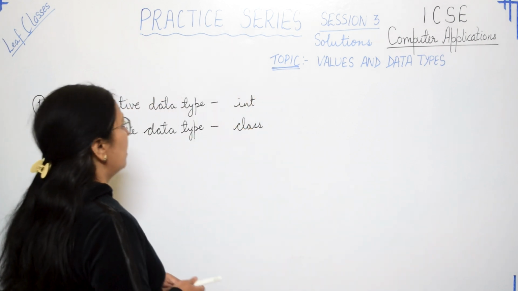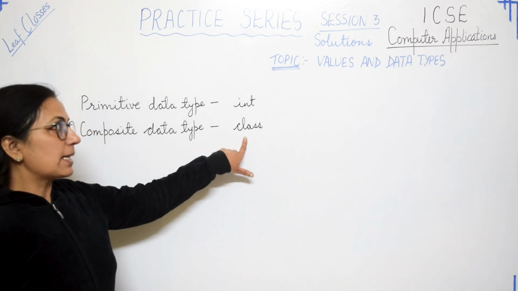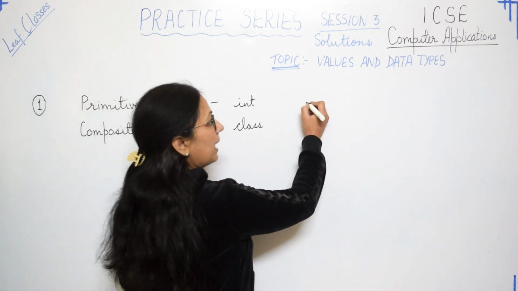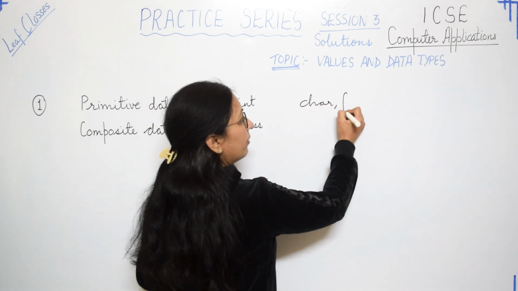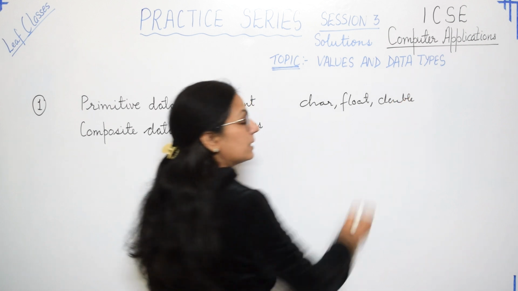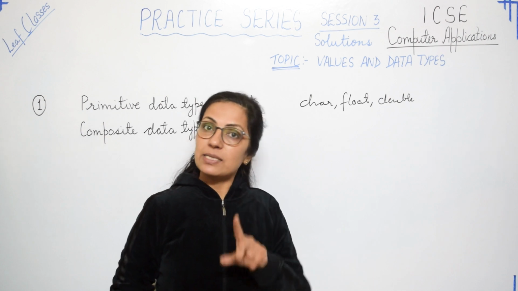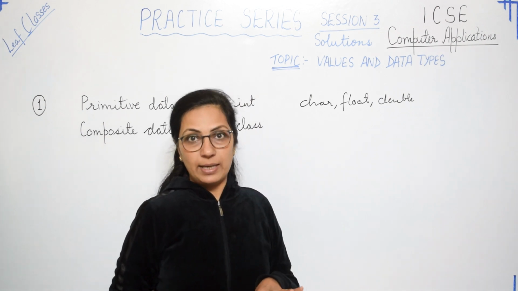So we have here primitive data type is int and composite data type is class. For primitive data type you can have others like char, float, double, boolean, all these you can write in primitive data types. But children, my advice, if one example is asked, please write only one example.